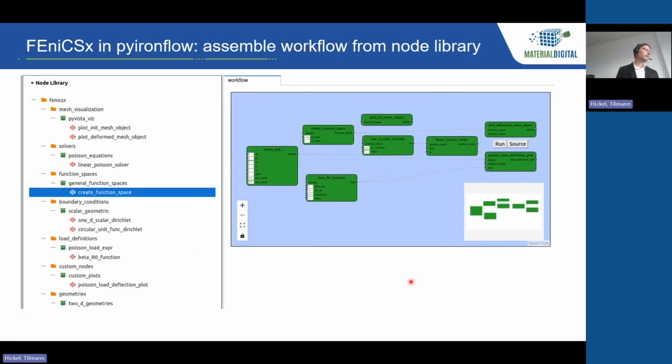You can, as I said, start from the Python side and then have a graphical representation. We can also do it the other way around. We have a graphical user interface. For instance, we have here the node library for this Poisson problem. You can select the relevant nodes, put this on this kind of board here on the right-hand side, and in this way combine different steps to a workflow. So you select the desired node.